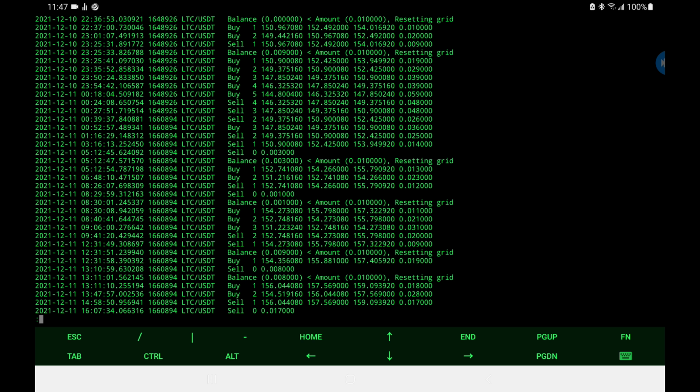Now, if my position size is $1.50, and I'm using 1% as my deviation, take profit boundary, how much money am I going to really get out of this coin? It's very simple. I'm only going to get 1 penny every time I make a sell. 1 penny, that's it.